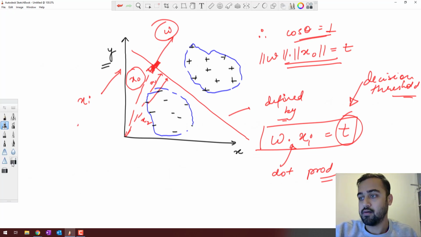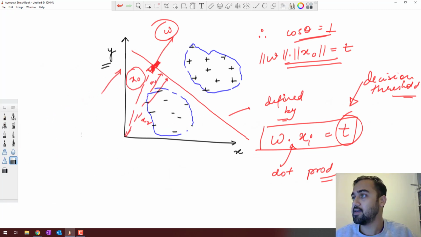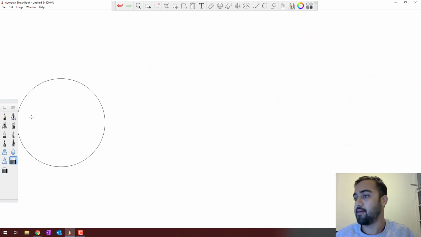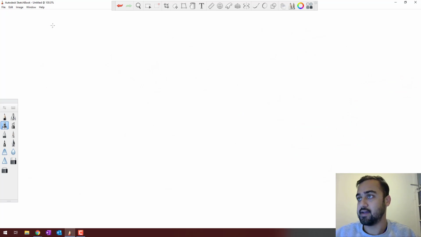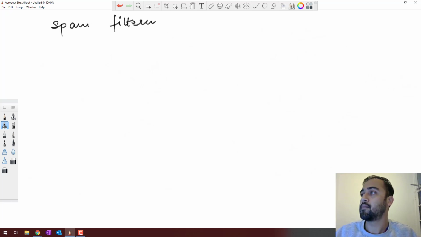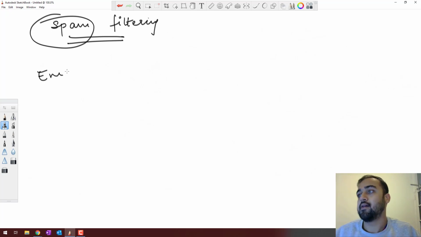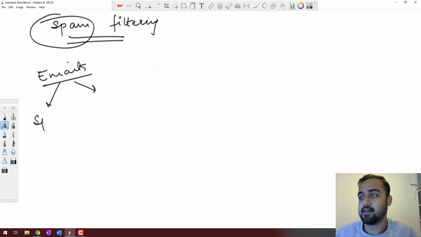So now let's talk about how your classifiers are applied in real life, right? So let's take an example of spam filtering. In spam filtering, all your emails get divided into two classes that are spam and ham, right?